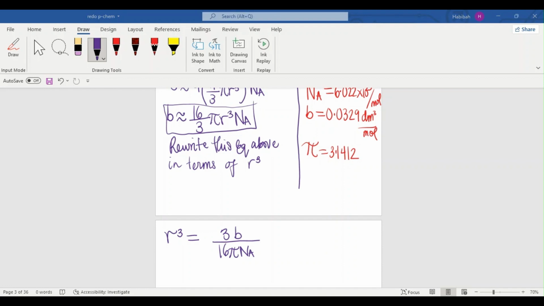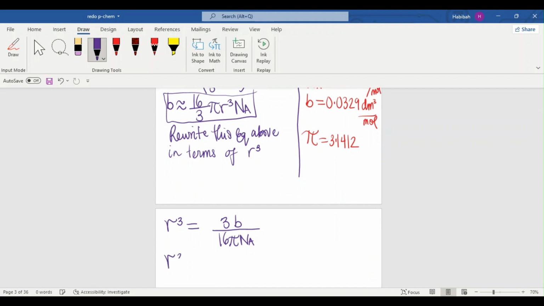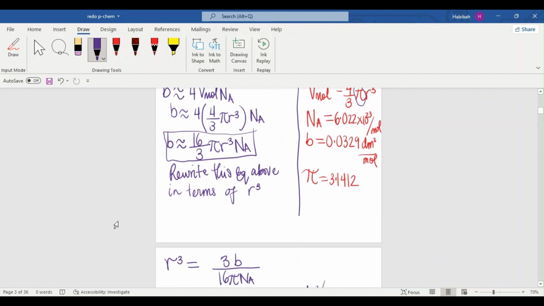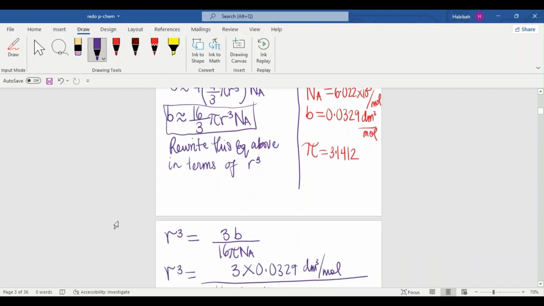So since we have that, we just simply substitute. r cubed is going to be 3 times what is b, 0.0329 decimeter cube per mole, divided by 16 times 3.1412 times Na, which is Avogadro's number, 6.022 times 10 to the power 23 per mole.